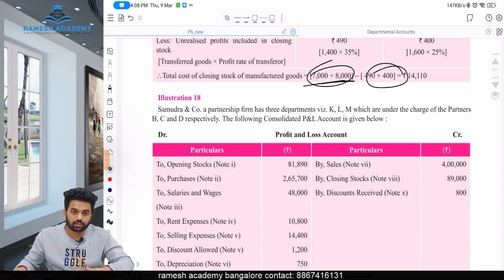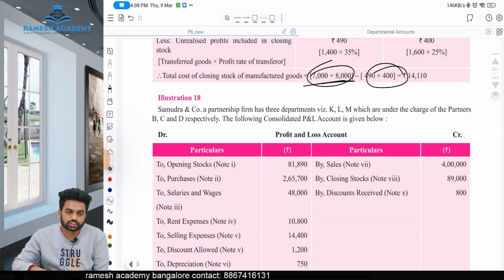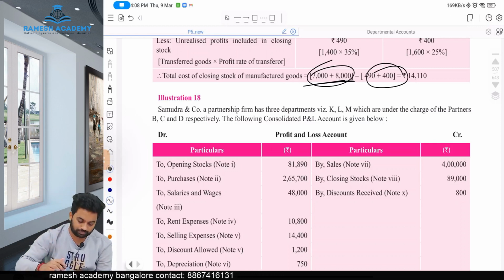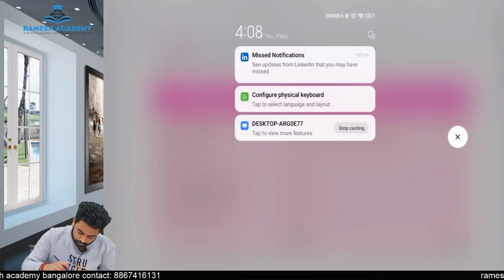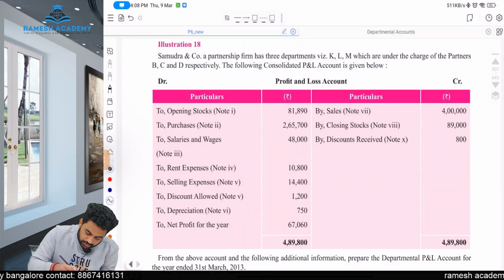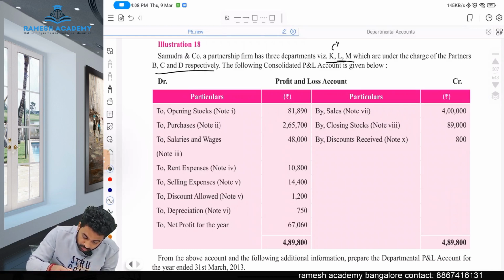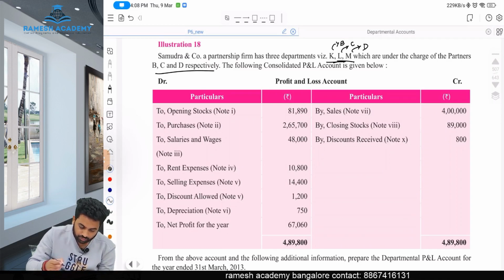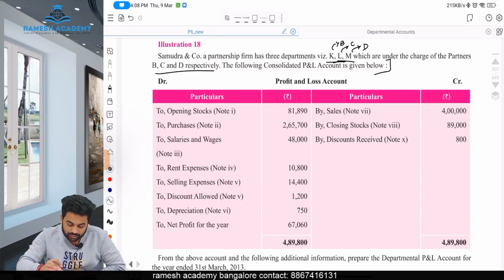Okay, proceeding further. Illustration number 18. Samudra and Co., a partnership firm, has 3 departments, K, L and M, which are under the charge of partners B, C and D respectively. So K is looked after by B, L by C, M by D. The following consolidated P and L is given below.